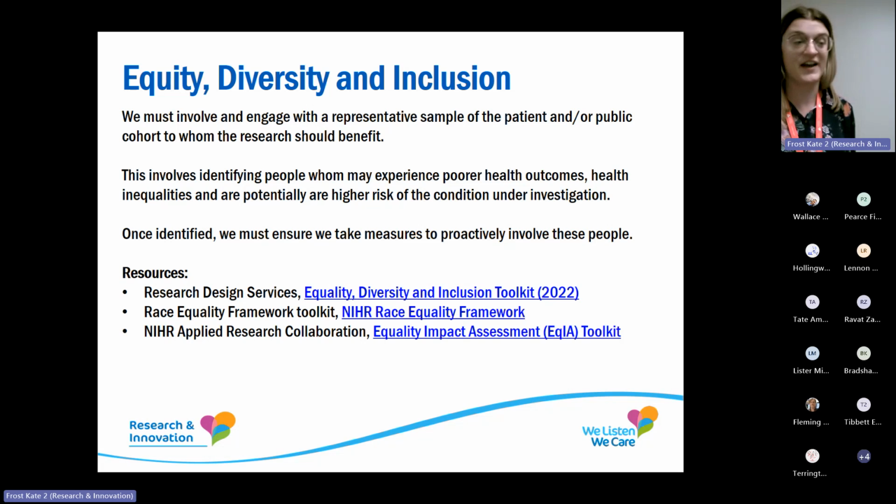When we receive outcome letters or feedback from funding panels or ethics, nine times out of ten, they will mention you need to evidence how you're going to make this study equitable, inclusive and accessible, and ensure you're involving the representative patient population, and how you're removing any barriers you may be faced with in getting a representative sample. So not only is it the right thing to do, it's mandatory now as well.